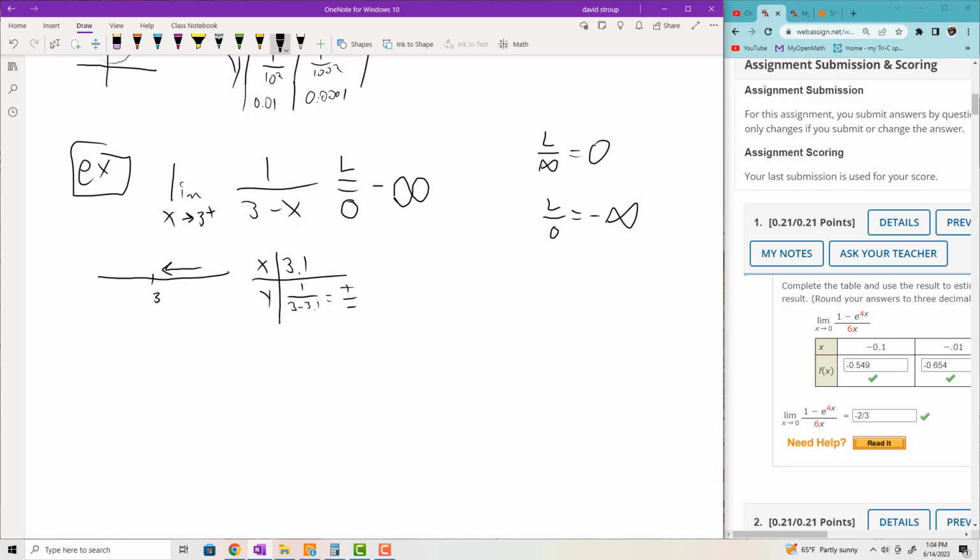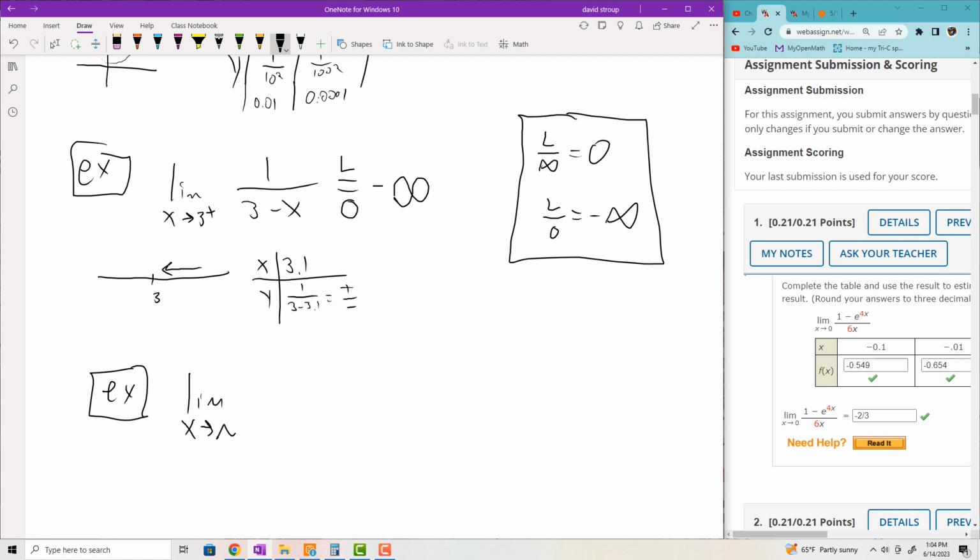You can go through and do an analysis with all of these different forms. Another example of a form: the limit as x goes to infinity of x e to the x. In that case, the x portion is going to infinity, and the e to the x portion, as you put in values going to infinity, like 10, 100, 1,000, will also go to infinity.